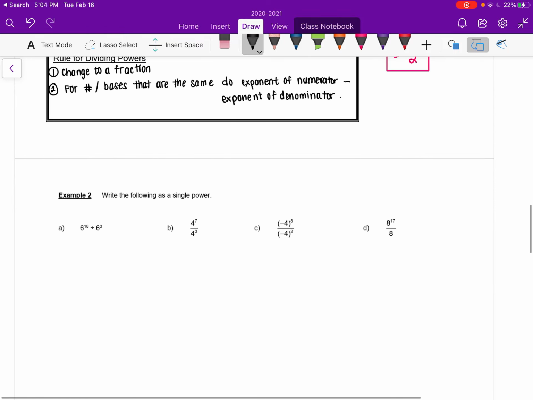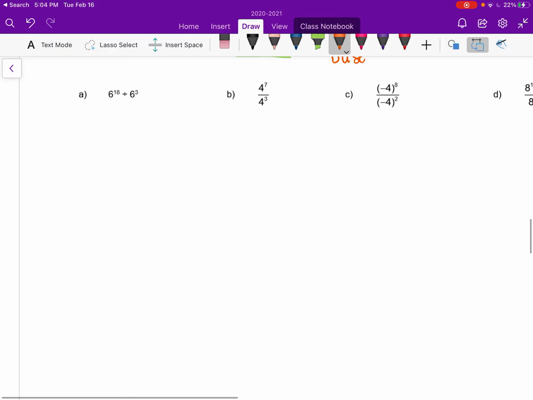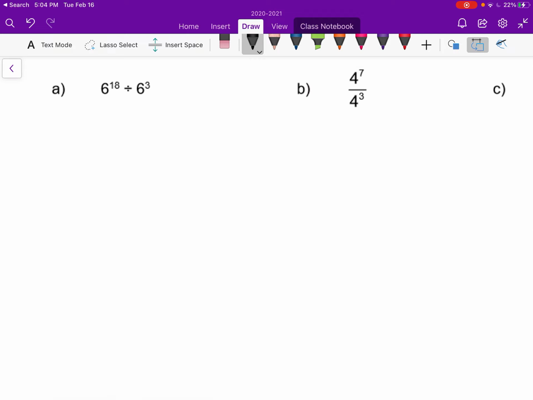Okay. So let's just try writing these as a single power. So a single power just means that you're writing it as base exponent. So don't solve, you're just writing it as base exponent. Alright, so first things first, I'm going to just change this into 6 to the power of 18 divided by 6 to the power of 3.